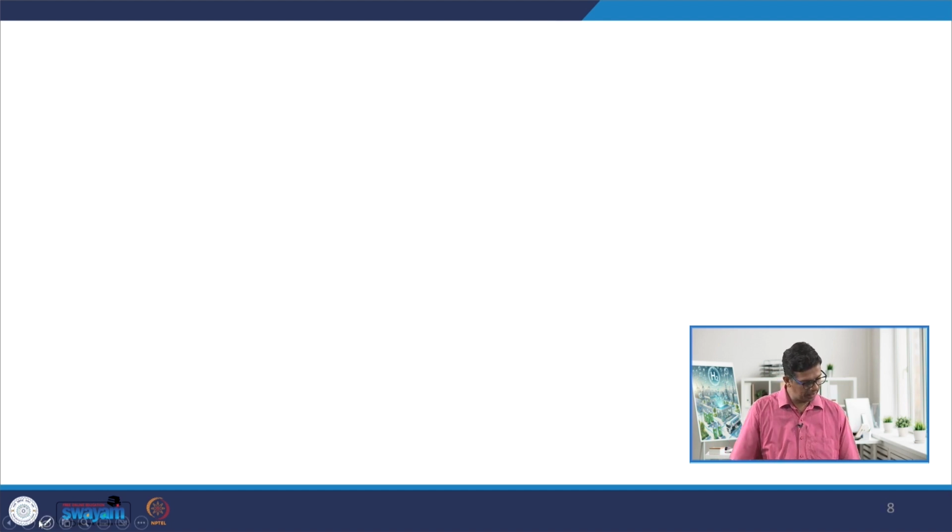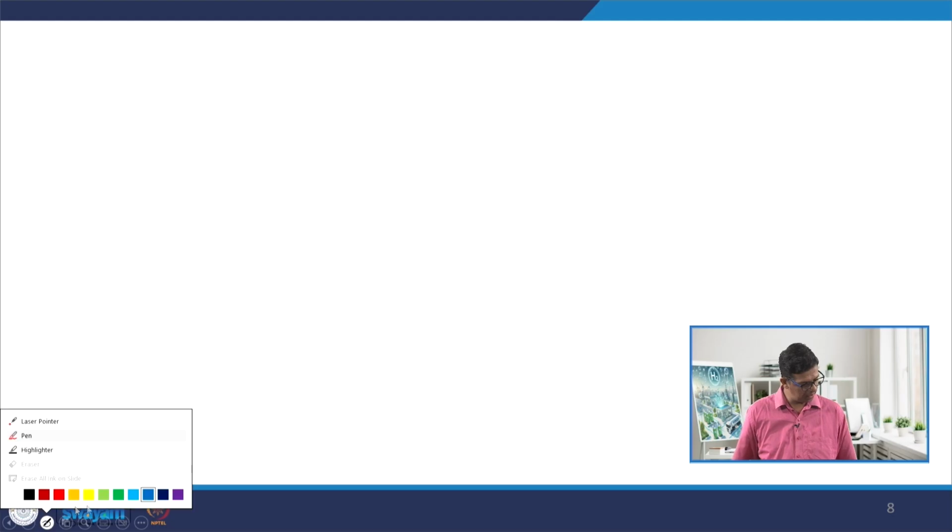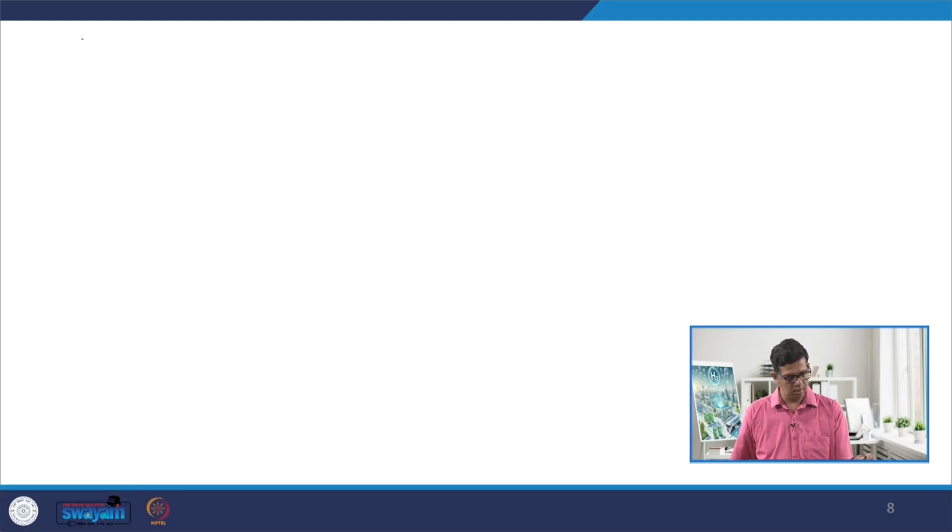Let us go to the second case where eta is fairly large. So, the second case is when eta is very large.